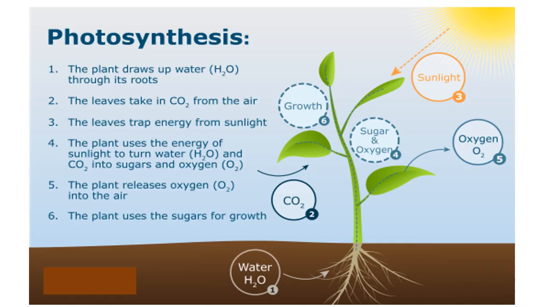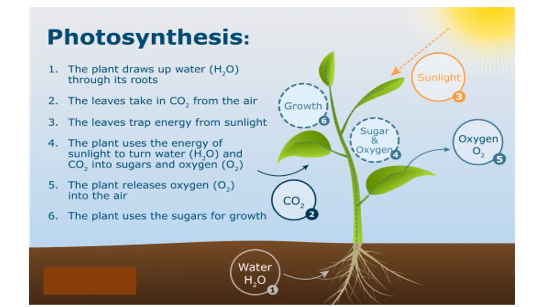Secondly, the leaves take in carbon dioxide from air. You can spot CO2 in the diagram labeled as point number 2. Third, the leaves trap energy from sunlight. It is represented by the orange circle, point number 3.